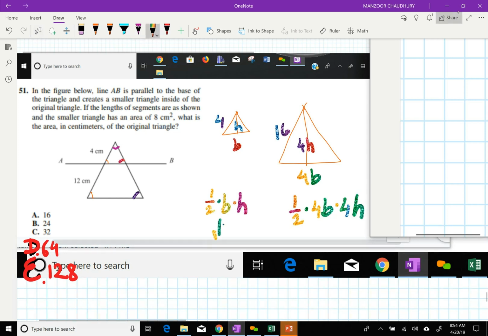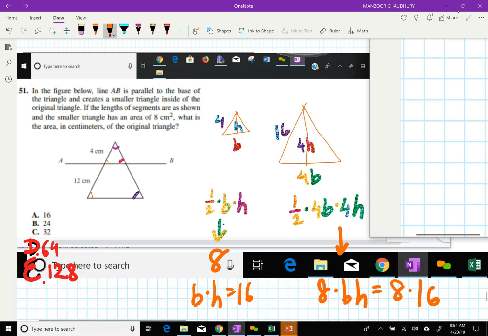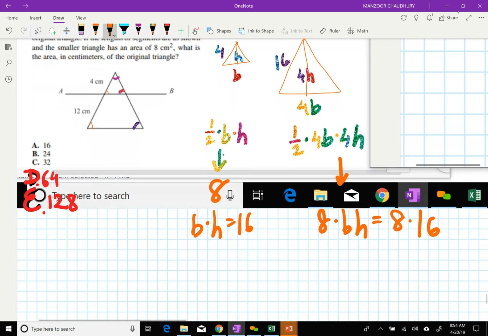So basically, we know that this one is equal to 8. So that means B times H is equal to 16, right? So you can use that information here because this is actually 8 times B times H, which is 8 times 16, which is 128.